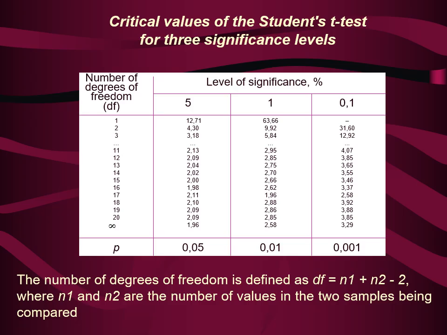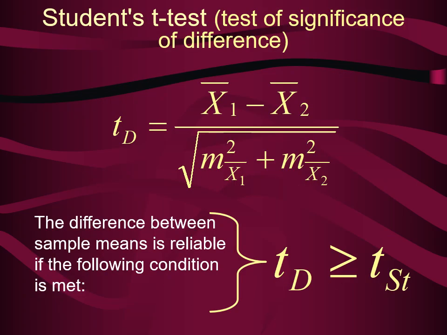So, in order to find the criterion for the reliability of the difference, in our case, there is an average value for the first sample. There is a value for the second sample. There is a difference between them. And this difference is divided by the square root of the sum of the squares of the arithmetic mean errors.